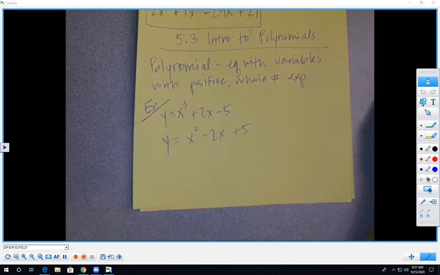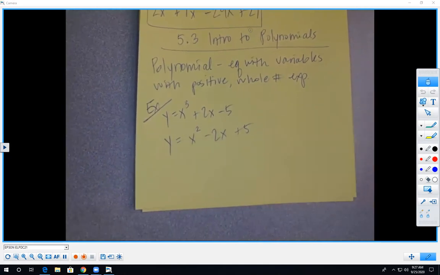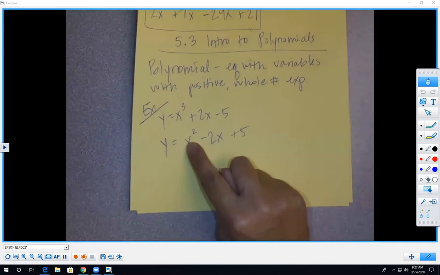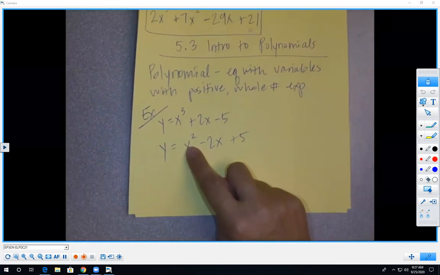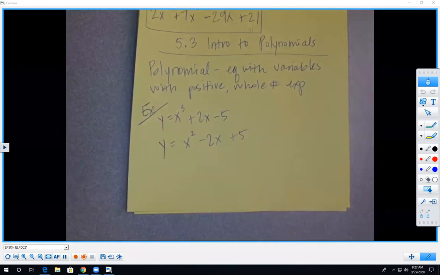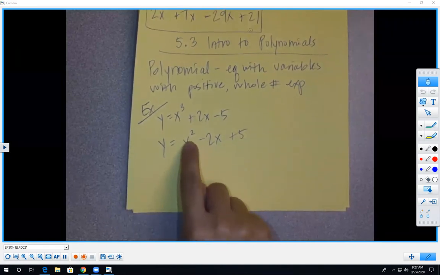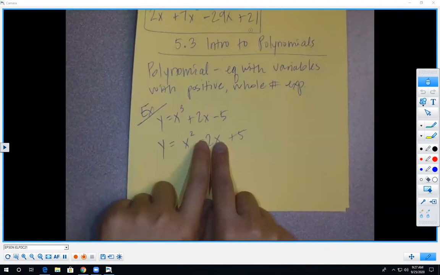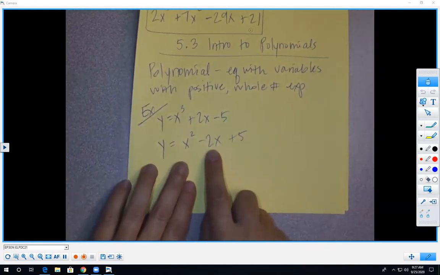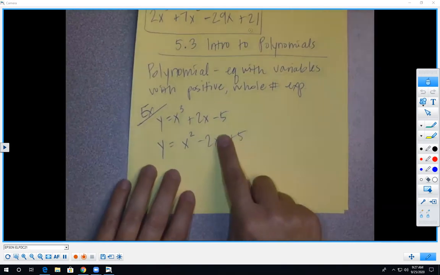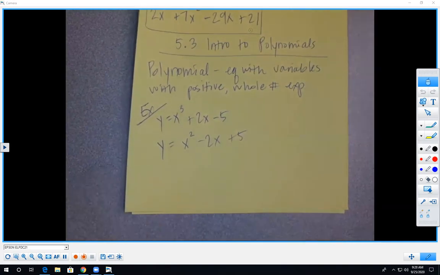It's considered a special type of polynomial because technically these exponents could be any number. This could be x to the 5th, x to the 10th, x to the 100th power, right? So I have all these different types of equations that fit in polynomials, and the rules all apply, but x squared ones happen really, really often. So we learn those separately because we can do extra things with quadratic functions, but they still fall under the umbrella of the name of a polynomial function.